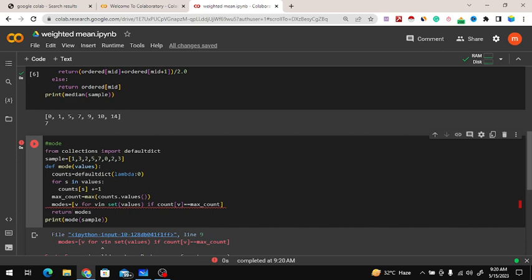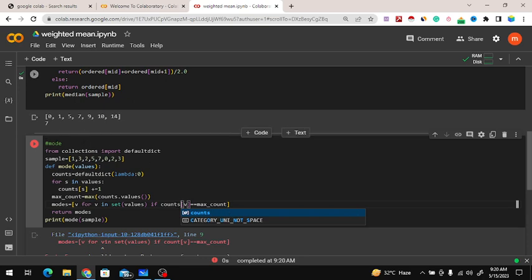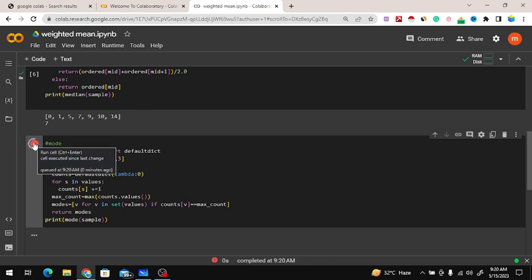Modes should be equal to v for v in values if counts of v equals max. Yeah, let's see here 2 and 3. So we have gotten 2 and 3 because 2 occurs twice and 3 also occurs twice.